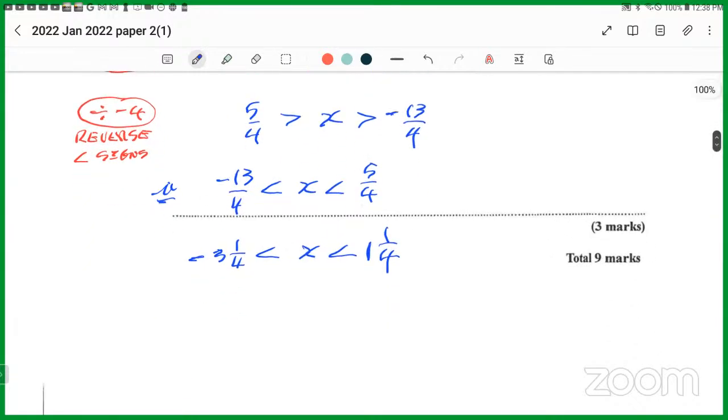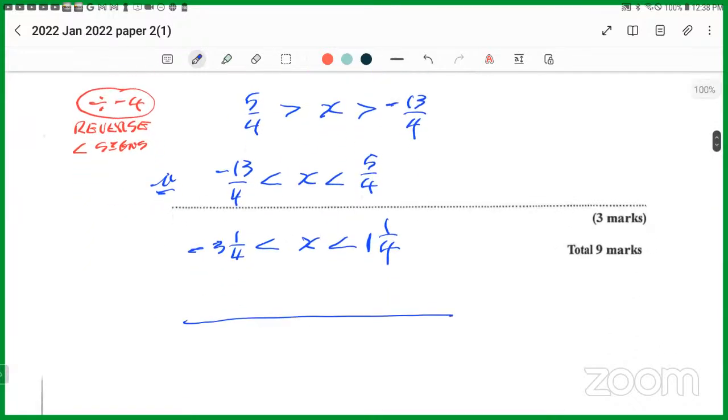So if I were to show this on a number line: -1, -2, -3, -4. This end, -3¼.